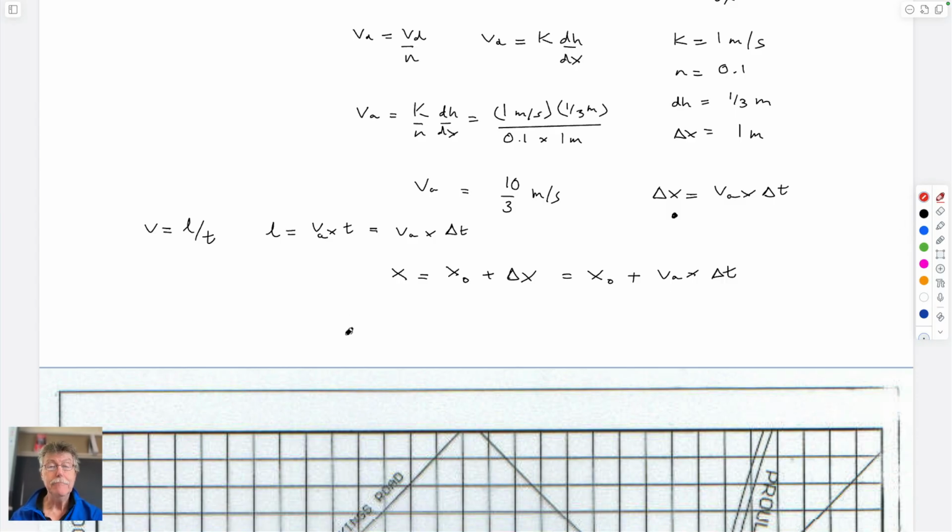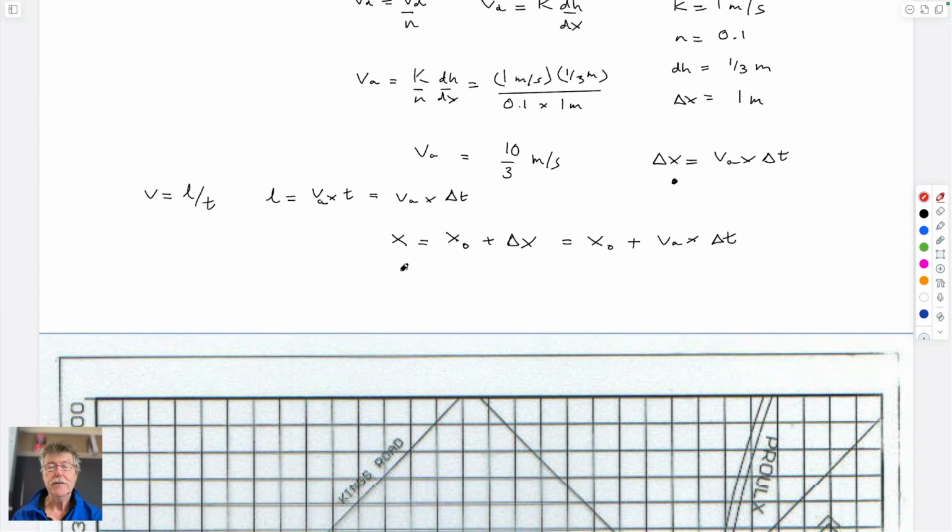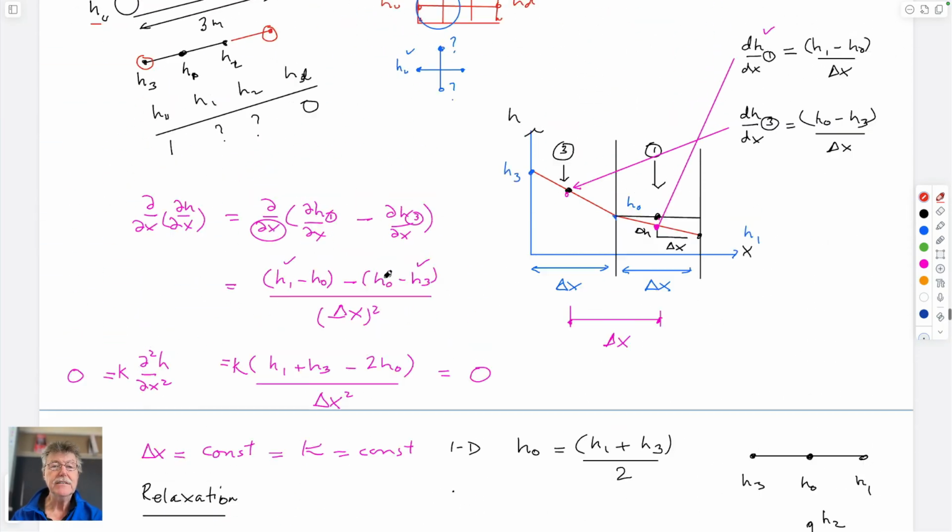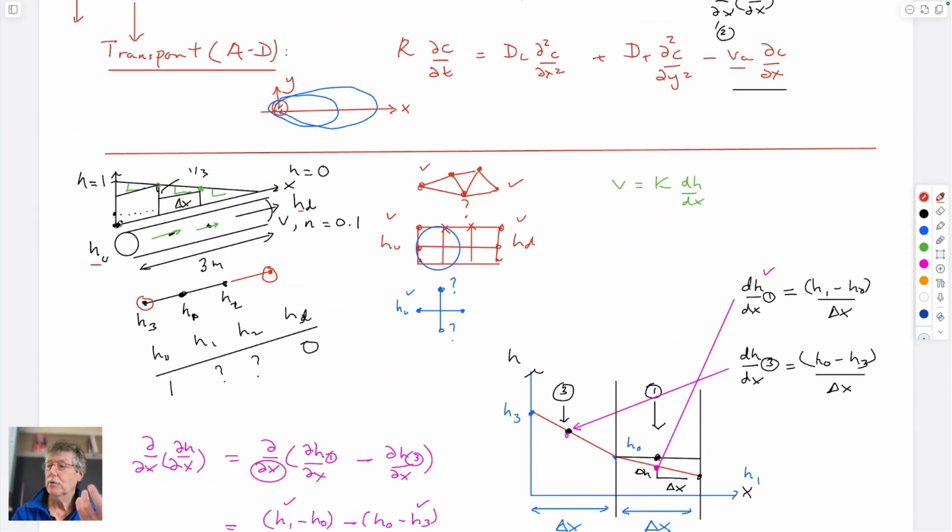So the idea is simple. You start off with the location where you are, which is this. In a time step, you go a certain length, you add that length to where you were, and you move your particle to a new location. And so you can just release a whole bunch of particles which have a specific small amount of mass, allow them to migrate downstream, and that will give you a location of how far the front is going.